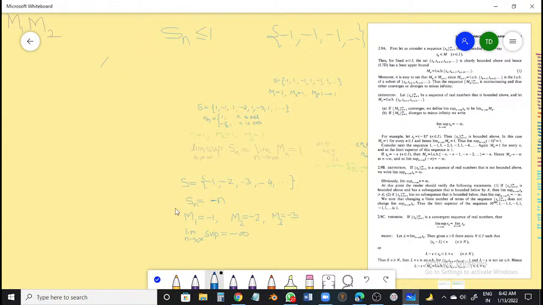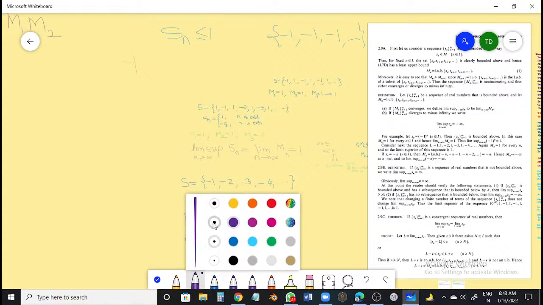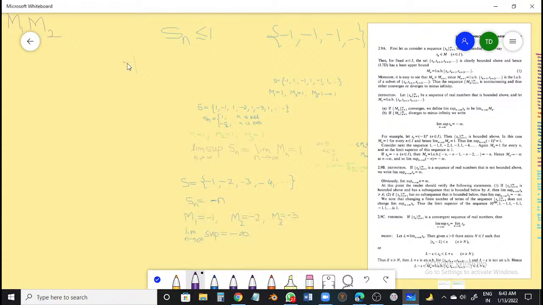The value minus 1 is smaller than this value 1. In rare cases they will be equal, but in this case it is strictly less. Minus 1 is strictly less than 1.